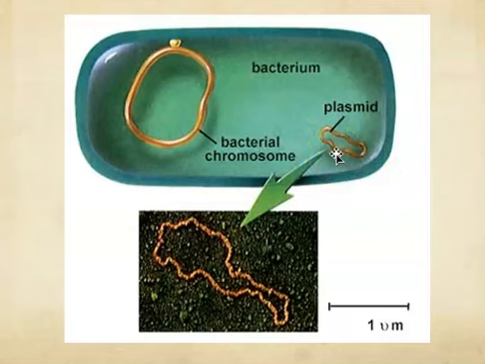Some bacterial cells have one plasmid, some have multiple plasmids, some don't have any. Down here, you're looking at an actual plasmid underneath an electron microscope. Again, it's a circular piece of DNA. It does contain genes, but these genes are not required for the survival of the organism.